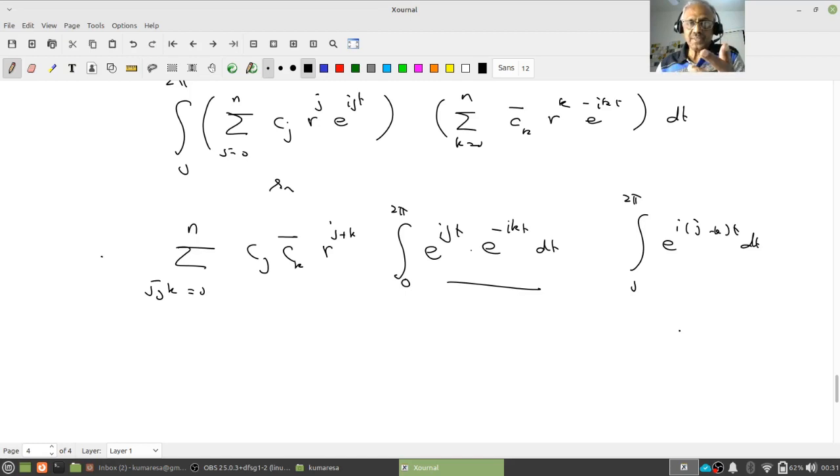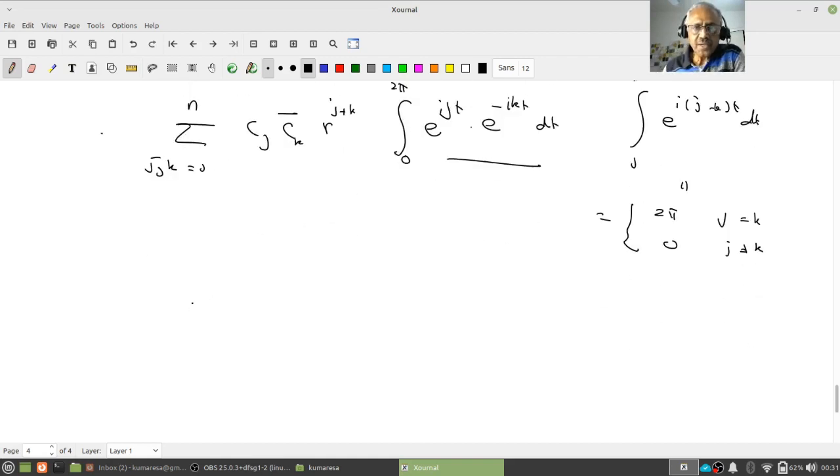But e^(int) is periodic with period 2 pi, therefore the values at the end points 2 pi and 0 are the same, and then the integral is 0. Therefore this is equal to 2 pi if j equals k, otherwise 0 if j is not equal to k.